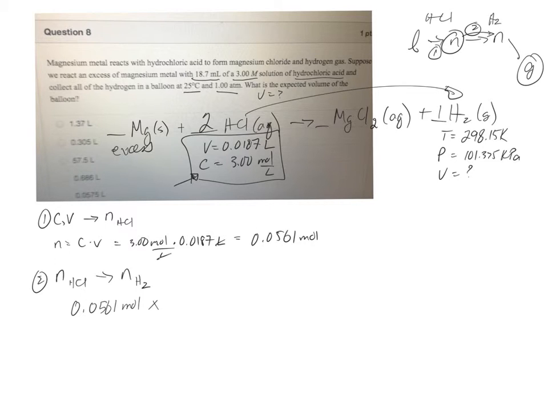I think that balances it. So what I want is moles of hydrogen. So it's 1 mole hydrogen, and I have 2 moles HCl. So these cancel, so I divide that number by 2, and I get 0.02805 moles of hydrogen. Now I need to do step 3, that's this one, and that's my PV equals nRT stuff.